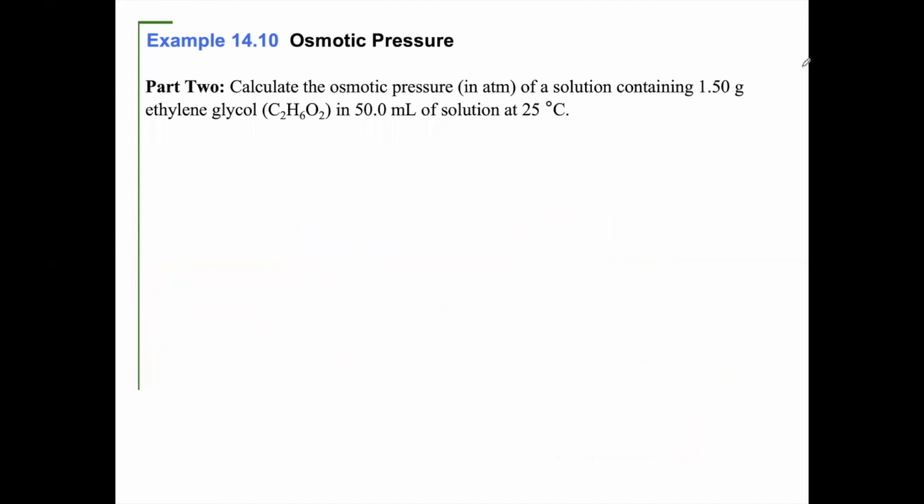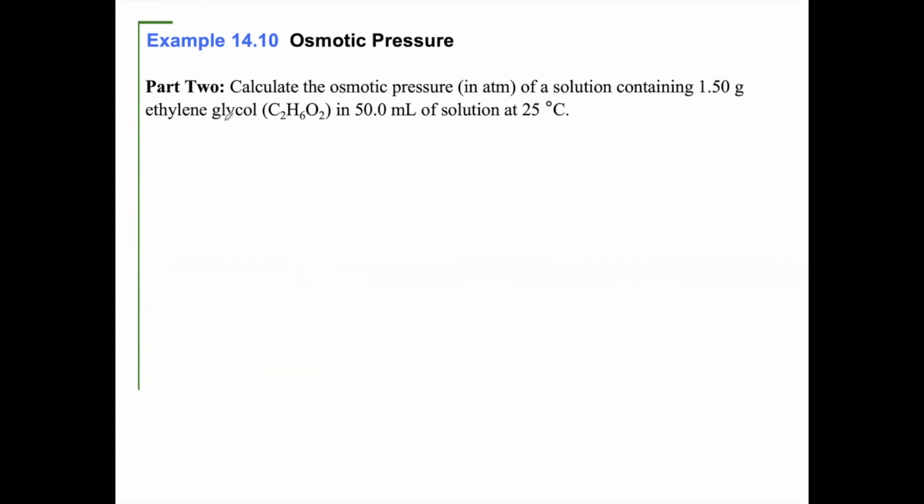Calculate the osmotic pressure in atmospheres of a solution containing 1.5 grams of ethylene glycol in 50 milliliters of solution at 25 degrees Celsius. Okay. Well, this is different from the last problem, but it's using the same variables. And this is actually easier than the last one.